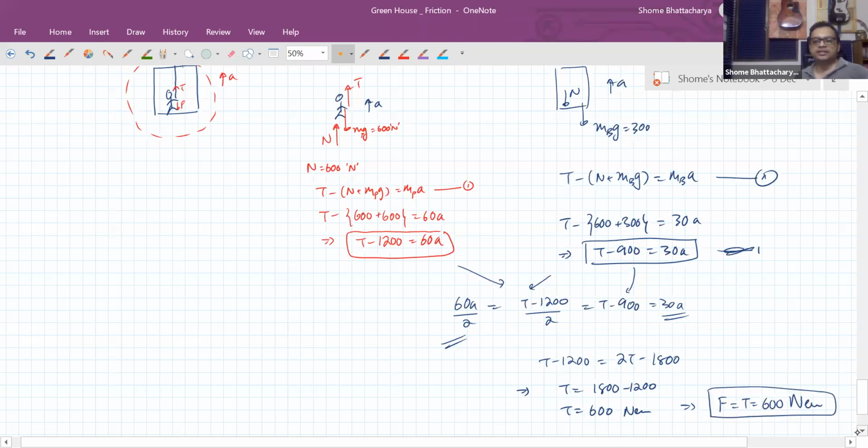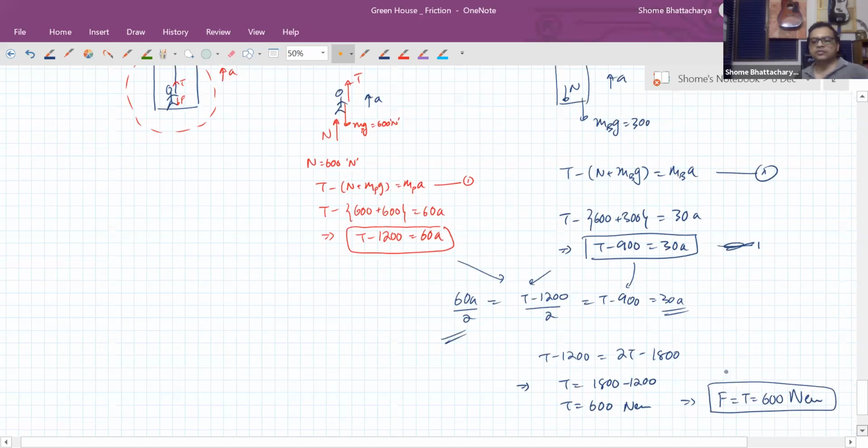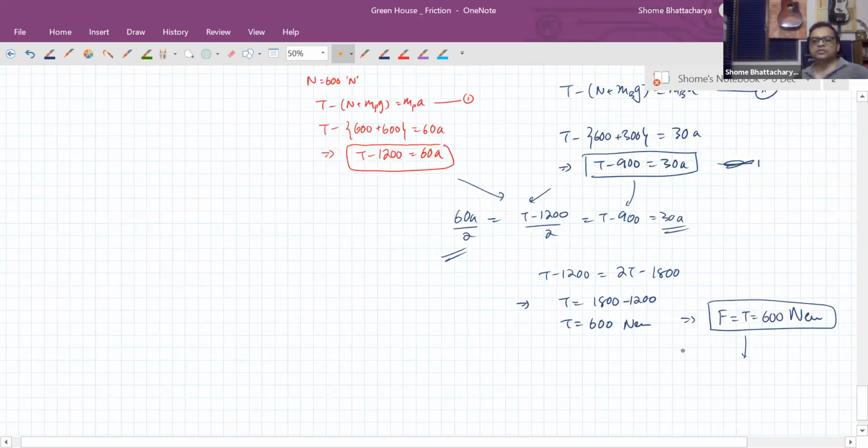This will mean that the acceleration will become negative. When you substitute here or here, you can see that the acceleration will become how much now? Minus 10.